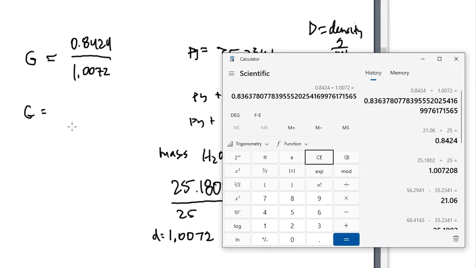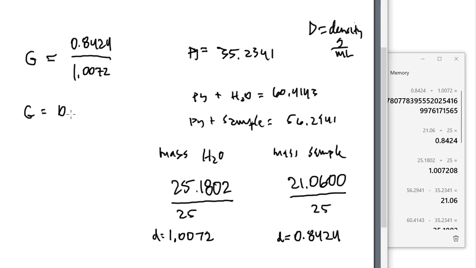Because I did not divide by 1 exactly. And then my specific gravity is going to end up being 0.8364 if I want to round it off. So 0.8364. Specific gravity, keep in mind, has no units, and that's because this density value was in grams per mil.